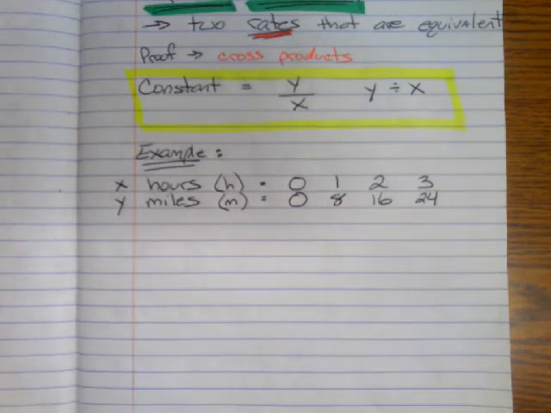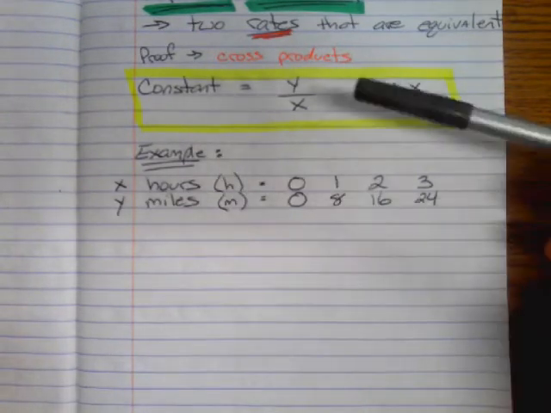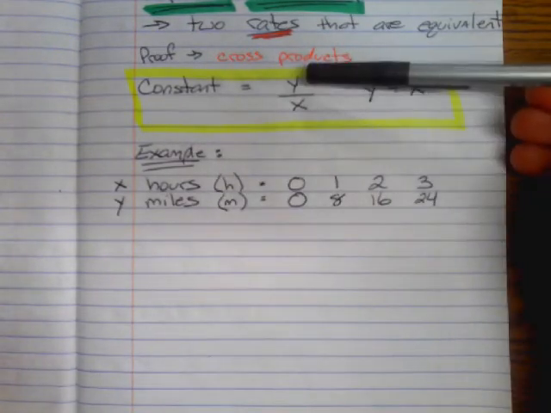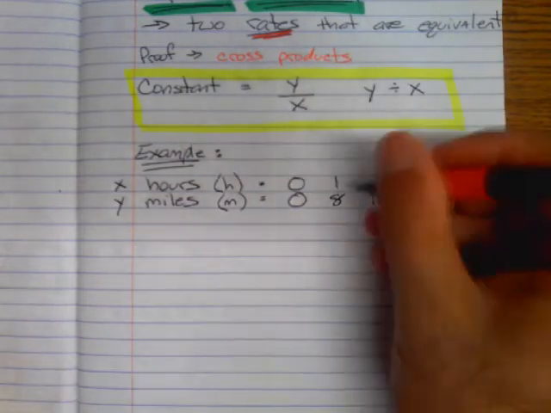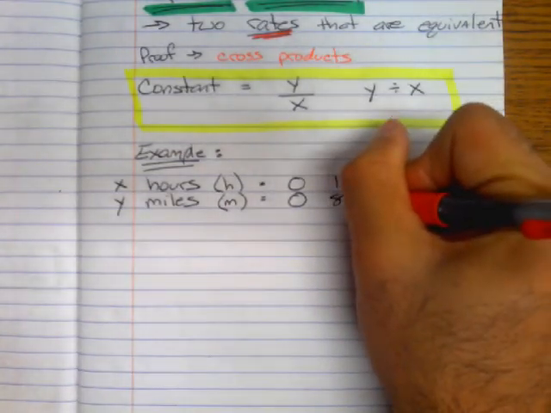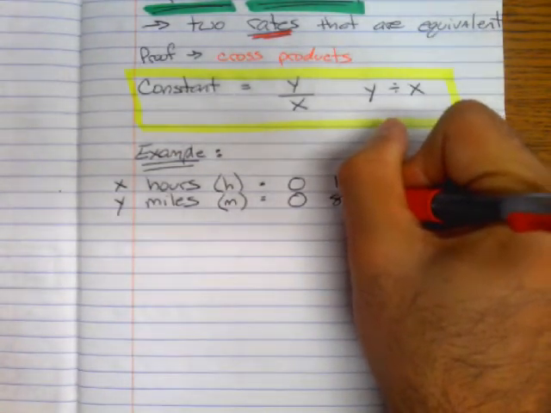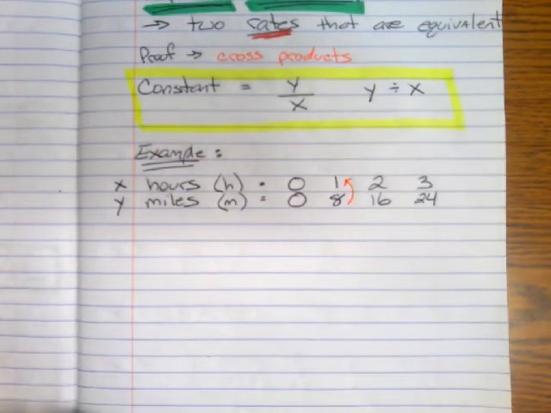All right, so like I said before, in our constant, we want to know how to find that constant by taking our y and dividing it by our x. So we're going to take our y, in this case, which is 8, and what do we divide 8 by to get 1?